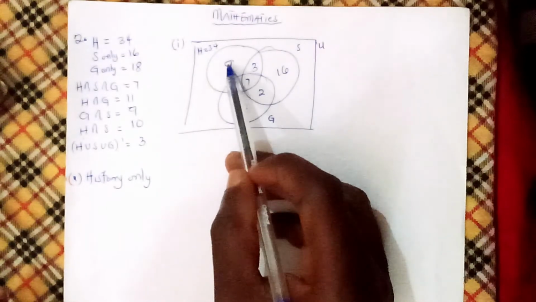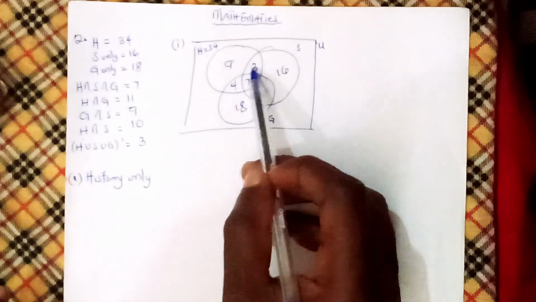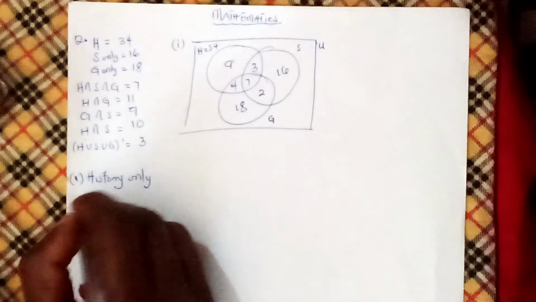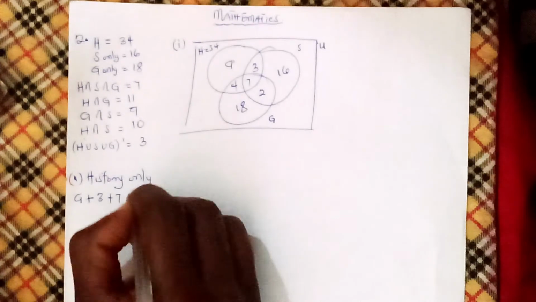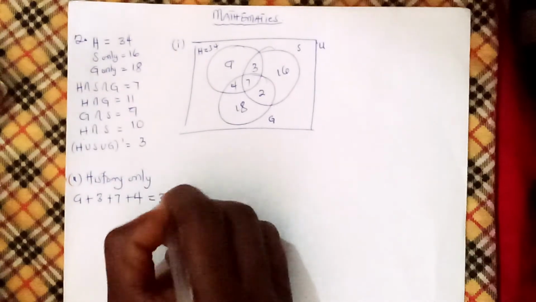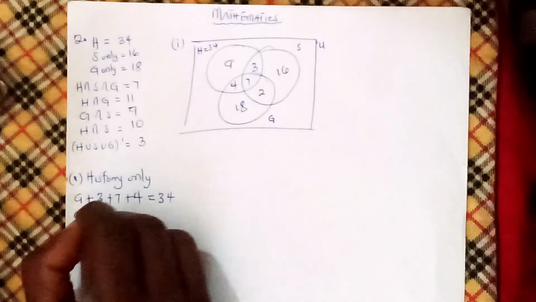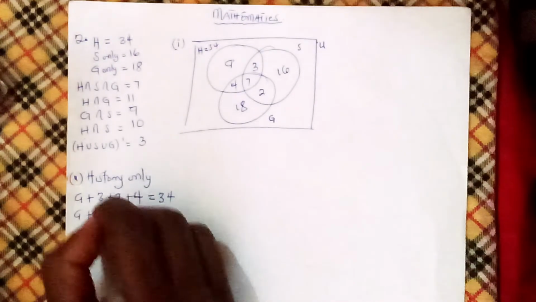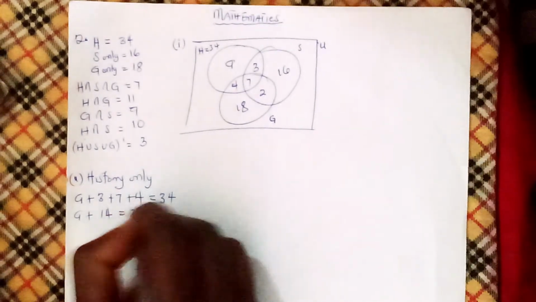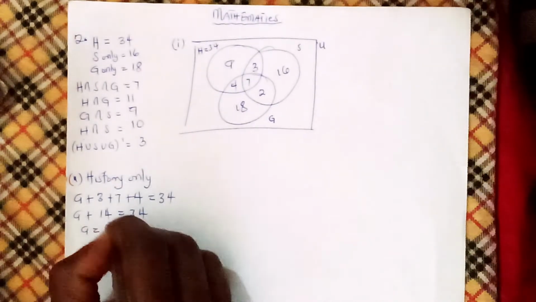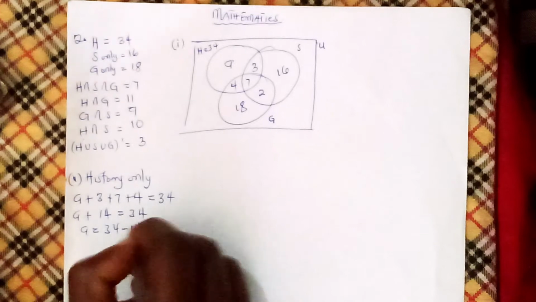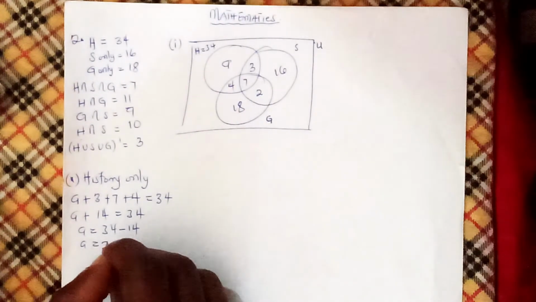So we add A plus 4 plus 7 plus 3 and equate it to 34. So A plus 14 is equal to 34. We move the 14 to the other side. A equals 34 minus 14. A equals 20.